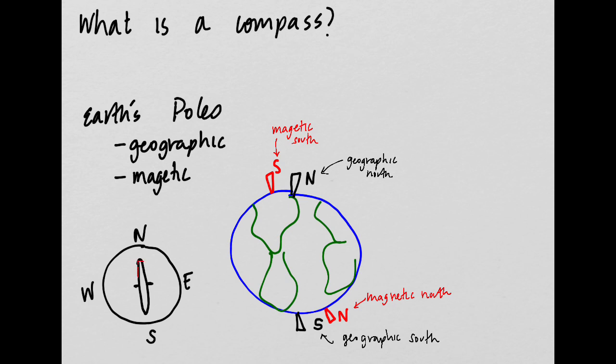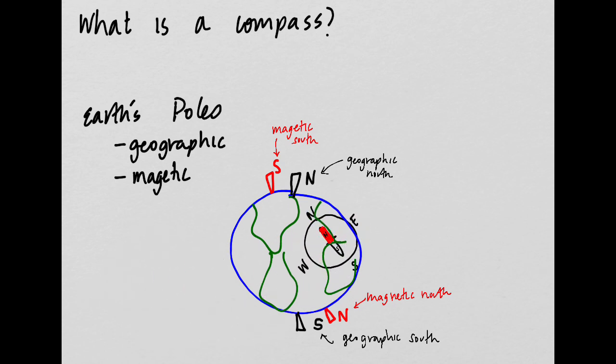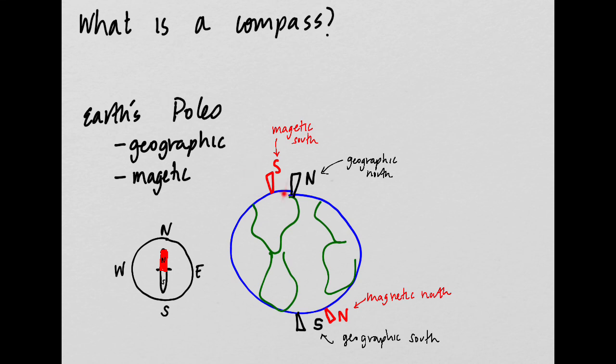The north pole of the magnet always points towards the south pole of the Earth. So that means that we have our north up here and our south down here, right? No matter where I move it, that north is going to be pointing up here to the south magnetic pole.